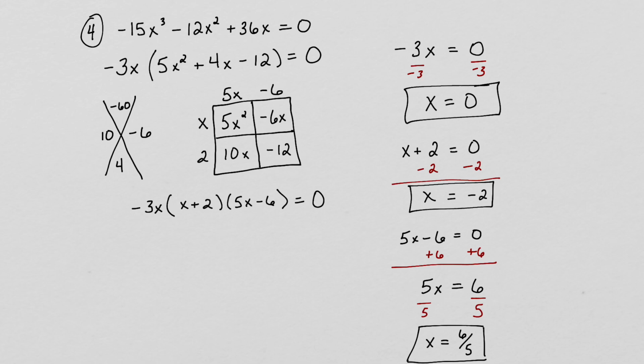So those 3 answers are our 3 solutions. Now, you can always tell how many solutions you're going to have by the largest exponent. In this case, the largest exponent was 3. We had 3 answers. So that's kind of a key to keep track of that.